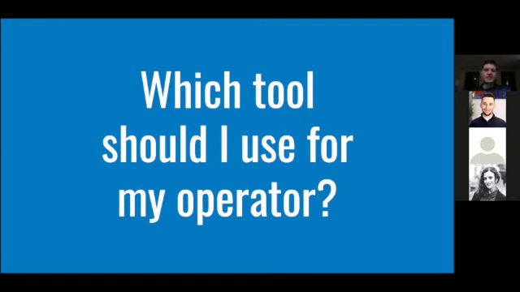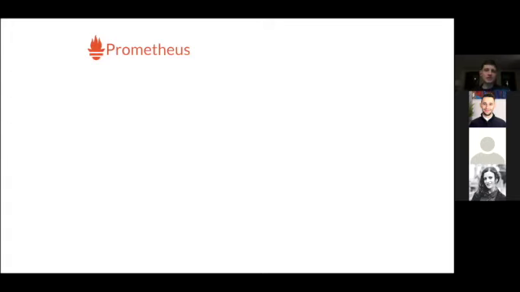Then I did one exercise to check what other popular software used for their operators. For example, Prometheus, a very popular metrics tool, uses Golang for their operator. What does CockroachDB use?